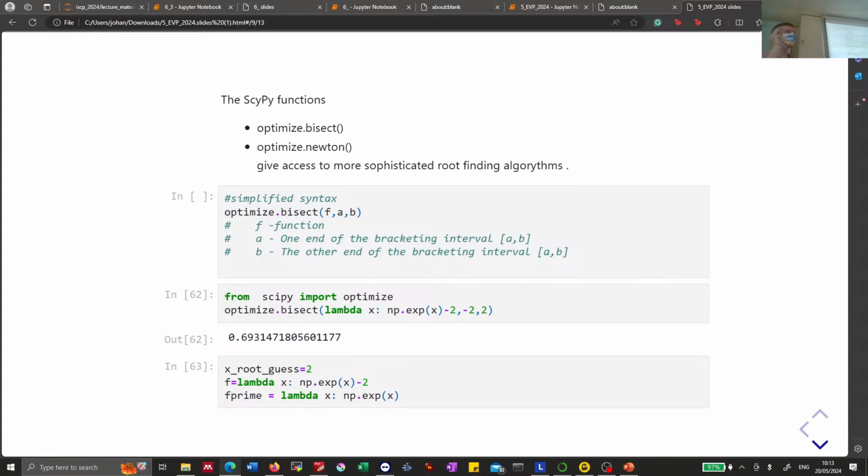Bisect takes 3 arguments. One is the function we want to optimize. A is the start of the interval, and the interval is between A and B, including A and B. And the third argument is B, the end of the interval. Be very careful. You cannot just blindly use any number here. You must have a good guess where the root of the function could be.